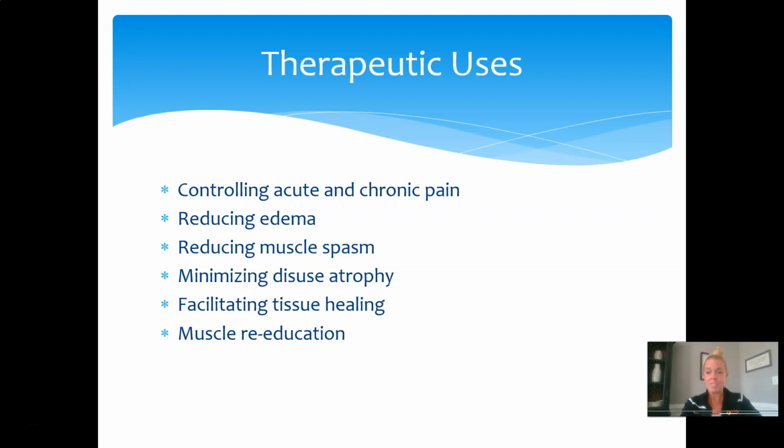And then the third major area is muscle reeducation, or minimizing disuse atrophy, trying to get a muscle to contract again. So those are our three major treatment areas: pain control, edema control, and muscle reeducation. And we'll talk about the different types of stim that are best for each one of those treatment goals.